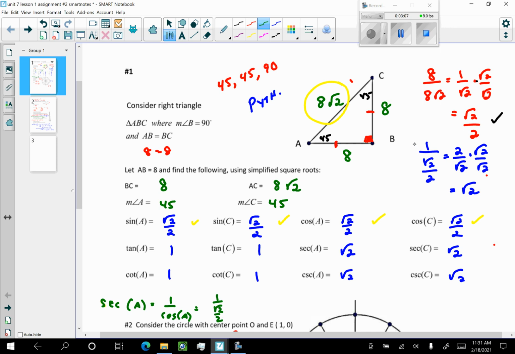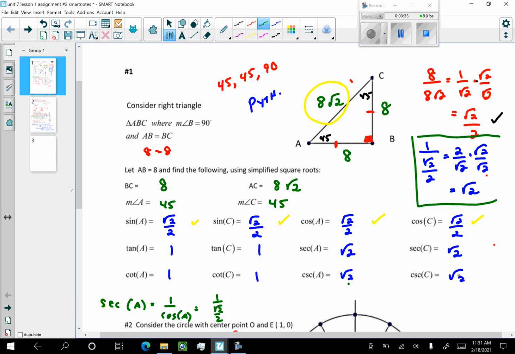And here I have simplified that. 1 over square root of 2 over 2 is 2 over square root of 2. Simplify that, multiply by square root of 2 over 2, and you get square root of 2. So therefore, the secant of A is square root of 2. Secant of C is the same. Cosecant is 1 over sine, which is the same. So these values are really nice if you have a 45, 45, 90.